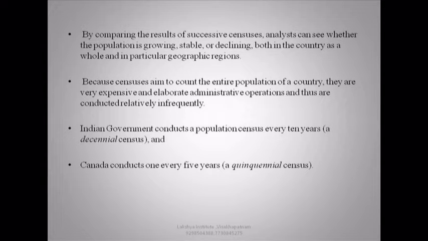Because censuses aim to count the entire population of a country, they are very expensive and elaborate administrative operations and thus are conducted relatively infrequently. The Indian government conducts a population census every 10 years, a decennial census, and Canada conducts one every 5 years, a quinquennial census.